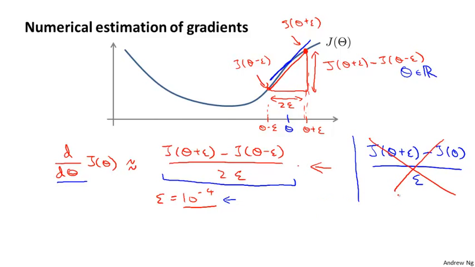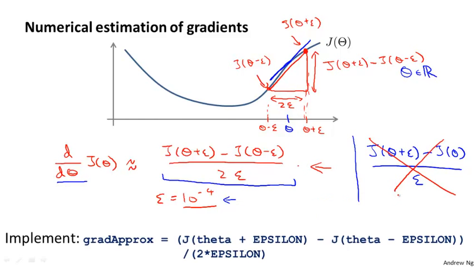So concretely, what you implement in Octave is code to compute GradientApprox, which is going to be our approximation to the derivative, just this formula: J of theta plus epsilon minus J of theta minus epsilon divided by 2 times epsilon. And this will give you a numerical estimate of the gradient at that point. And in this example, it seems like it's a pretty good estimate.